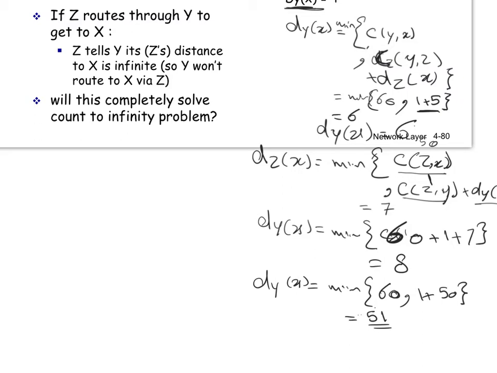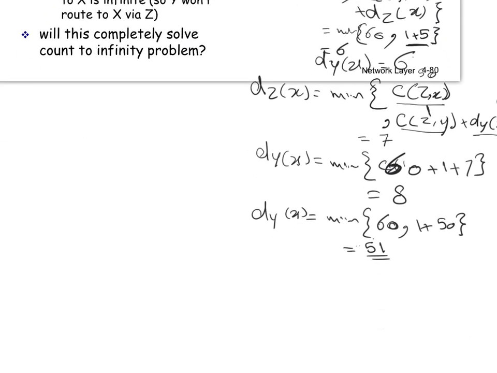But still it goes through Z. So Y will send that new distance to Z, right? Until now the steady state did not happen. Okay, so now after 44 different iterations, now the cost between Y and X becomes 51.